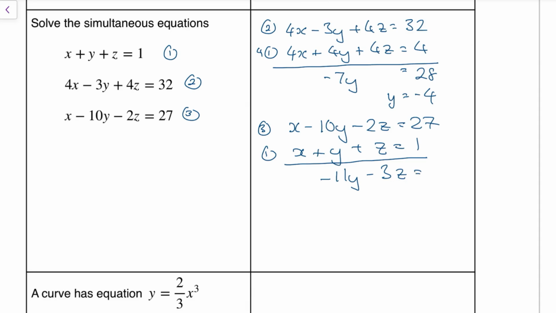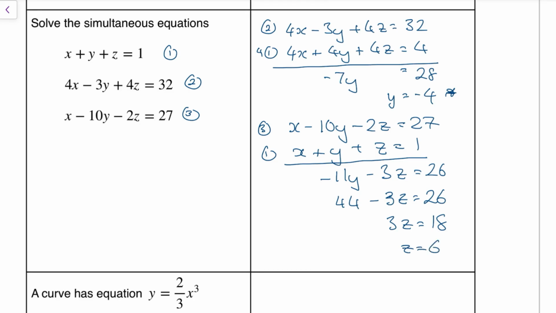And 27 minus 1 is 26. Now I know y is -4 from up here, so that's 44, because -11 times -4 is 44, minus 3z is equal to 26. 44 minus 26 is going to give me 18. So that means that 3z is equal to 18, which means that z is equal to 6.